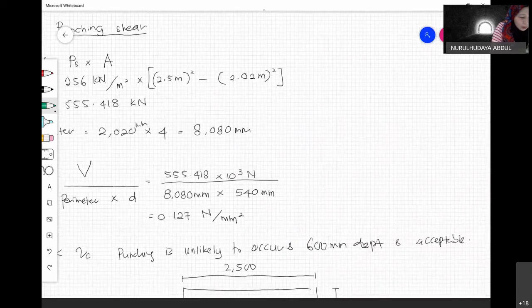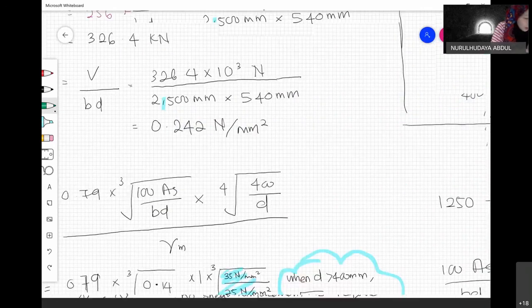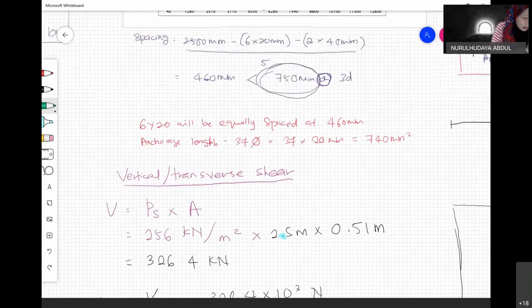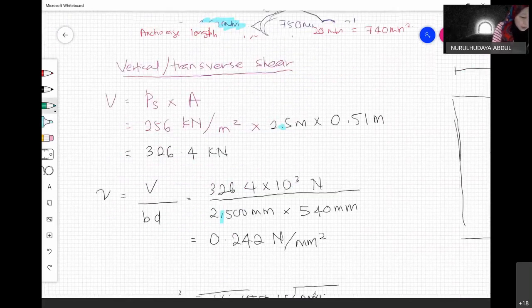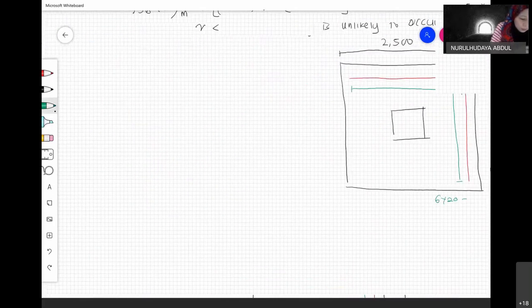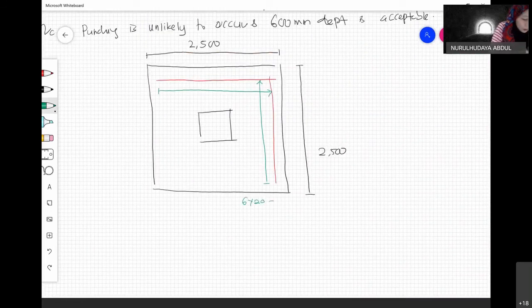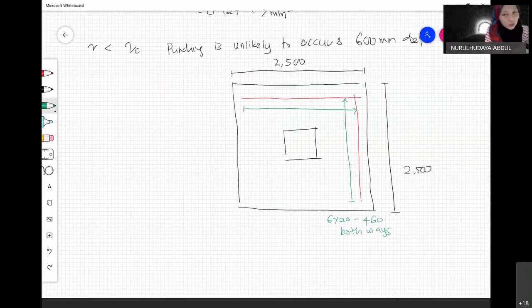Dia punya spacing lupa. Check balik spacing that day, it is 460 ya. So this is our spacing, so you just use that 460 mm spacing. 460 both way. So apa maksud both way? Meaning that longitudinally and latitudinally bar dia sama. Okay, dua-dua arah dia sama. So this one is for plan view.